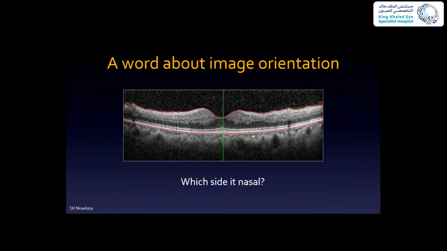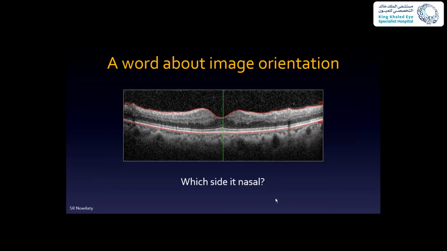Now, which side is nasal here? Can anybody tell me? No, nobody wants to tell me which side is nasal? Okay. Yes, it is a vertical scan. That is correct. It is a vertical scan because the nerve fiber layer is equal on both sides.